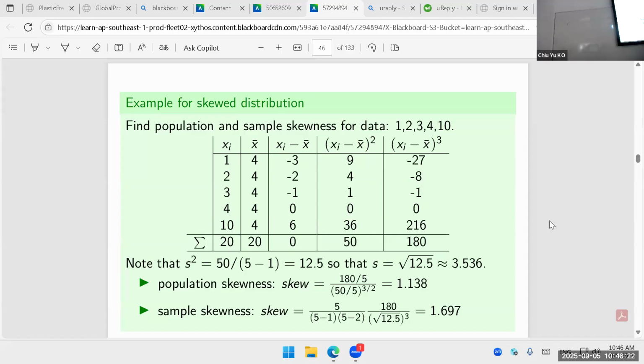Once you add up the last column, you get a number, and you divide by the standard deviation raised to the power of 3, and you get this one. If you do it the other way around, you get this one. And I would think that this number may be better than this number. Maybe it's larger, it's very skewed. But you can see the population and sample versions can be very different.